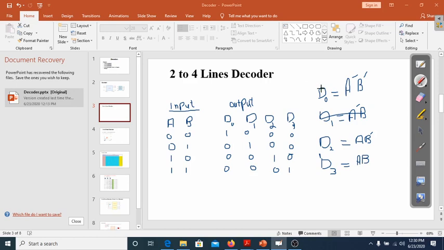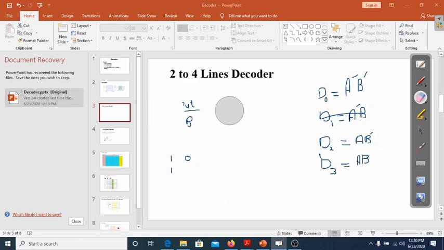Okay, now let me draw the digital circuit. I'm going to erase this truth table. Okay, the digital circuit would be like this.